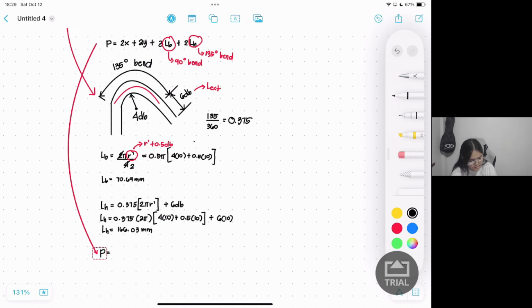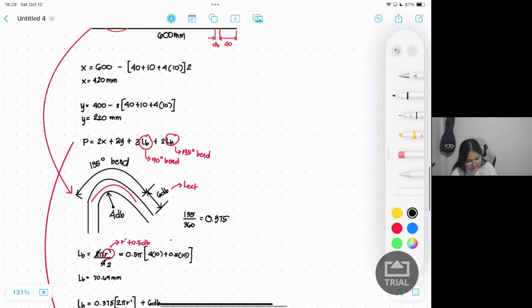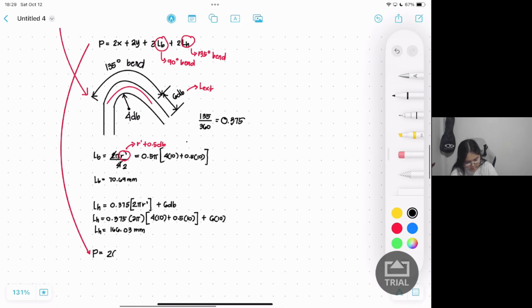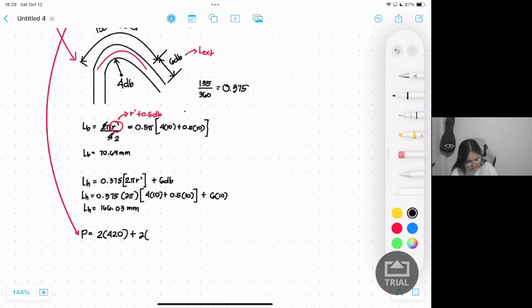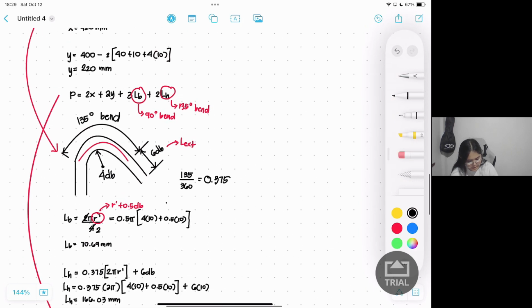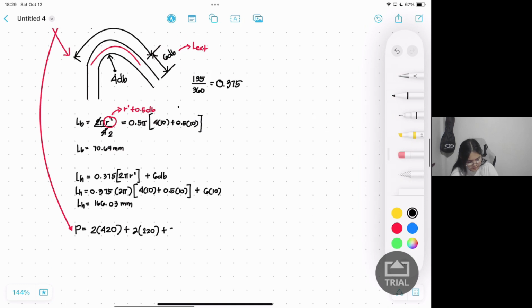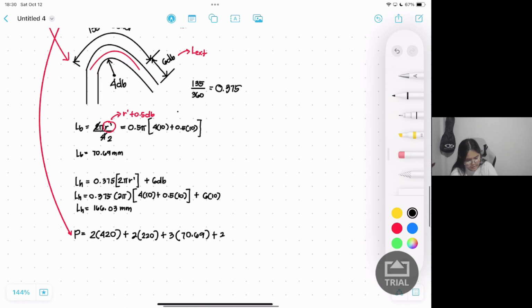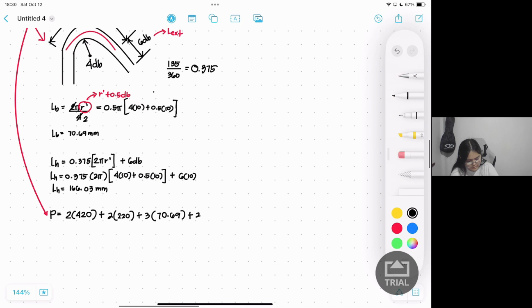Ang perimeter ay 2 times x, wherein ang value ng x natin ay 420 plus 2 times y na 220 plus tatlong LB, so that is 3 times 70.69 plus 2 times the LH, so 166.03.